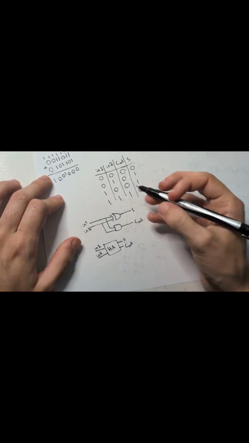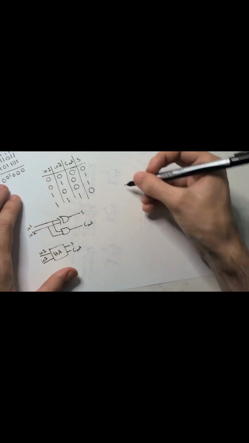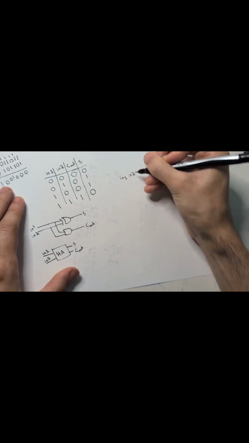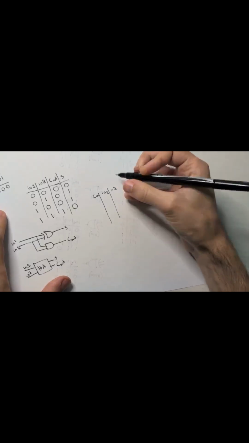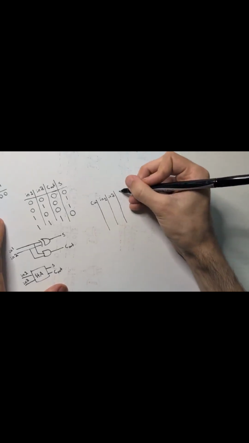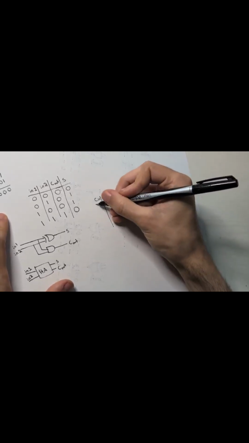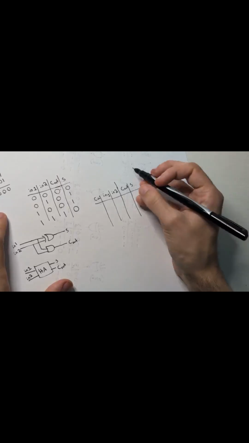But if we want to have a carry in, then we'll need a new truth table and a new item here. So we'll have input 1, input 2, and then our carry in. And then we'll have our carry out and our sum. So again, these are our inputs, these are our outputs.